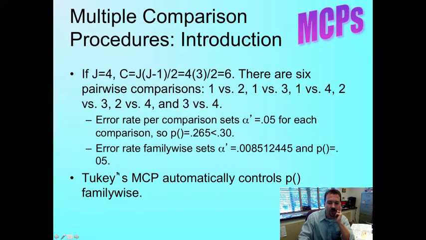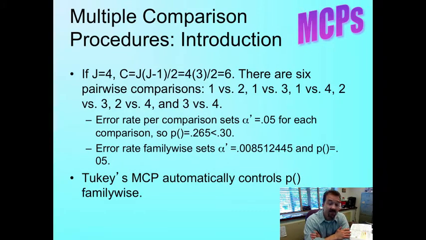Okay, so that's what the Tukey does. That's one of the more popular MCPs, although there are several. Refer to chapter 10 in your book for more information on a few different MCPs that are out there. The Tukey MCP automatically controls the probability of at least one type 1 error family-wise.